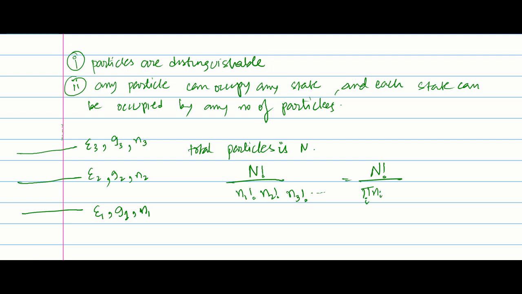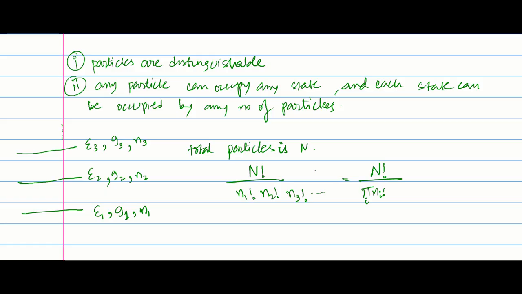The product of ni factorial is n1 factorial into n2 factorial and all that.